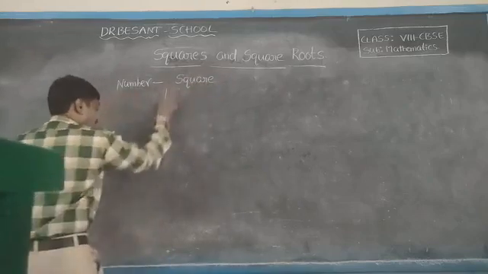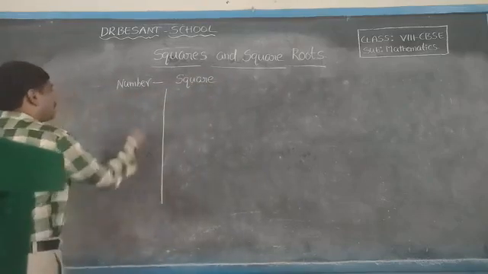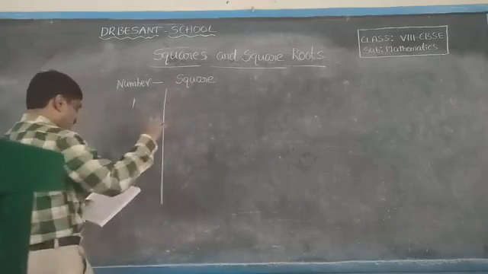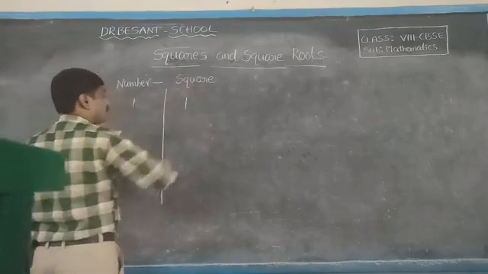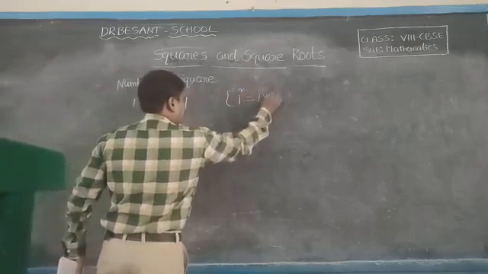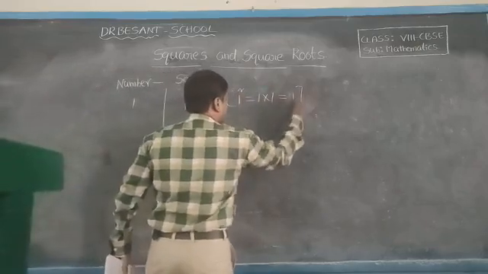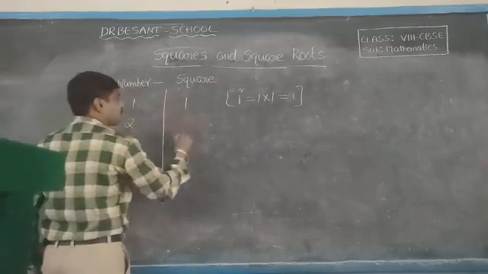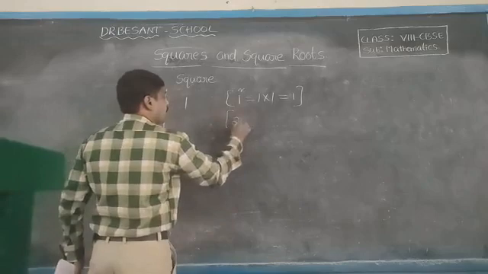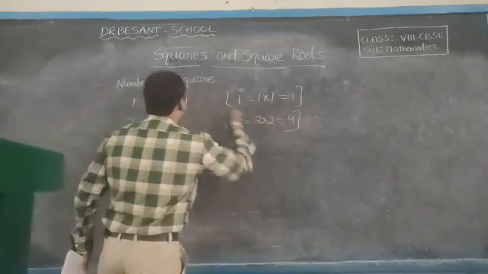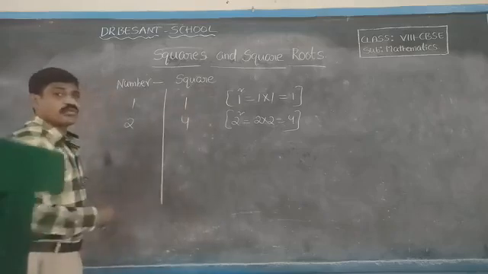One, that means 1 square. 1 square means what? 1. Why? Because 1 square is equal to 1 into 1, that is equal to 1. Next to 2. So what is the square? 2 square means 2 into 2, that is equal to 4.